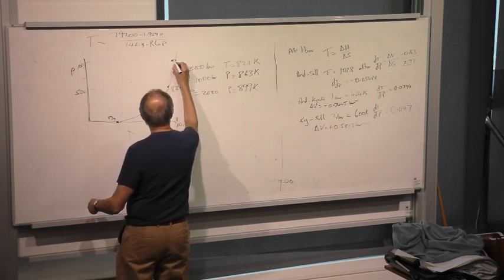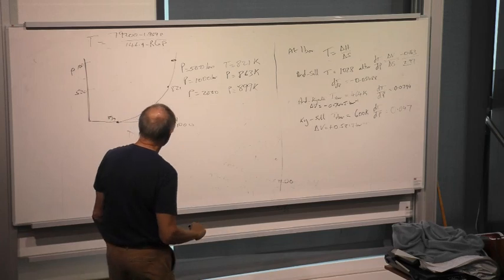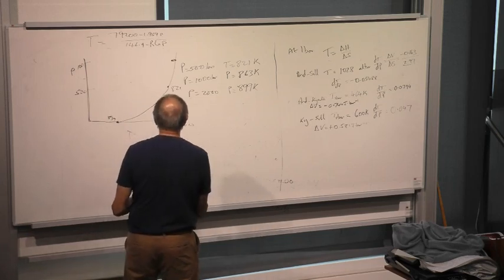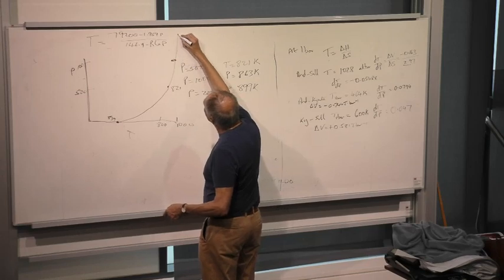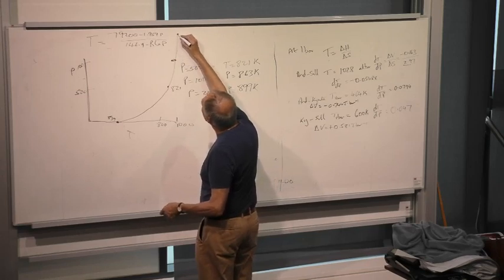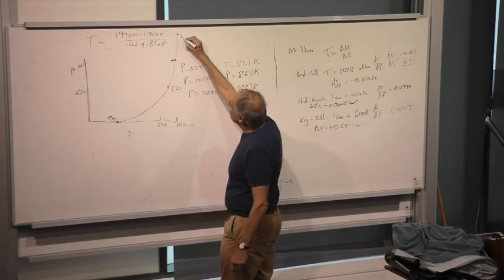Anyway, the point is it's very strongly curved. So 2,000 is up here, 899.